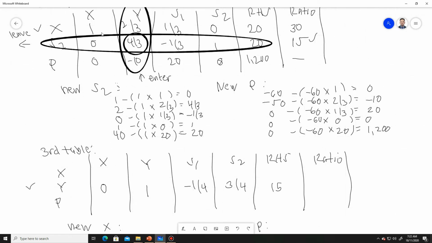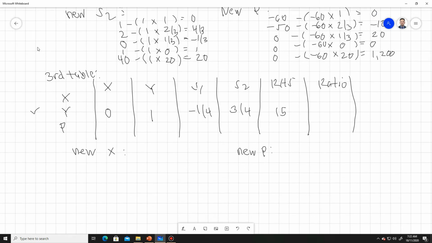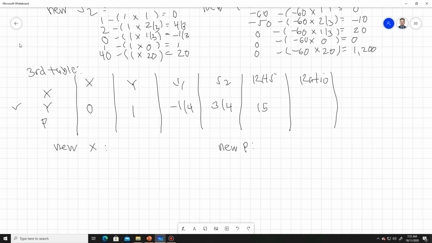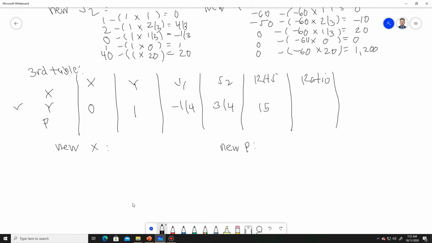Referring to our previous table, we have 1, 2/3, 1/3, 0, and 20. Then minus, open parenthesis, intersectional element of the old row.